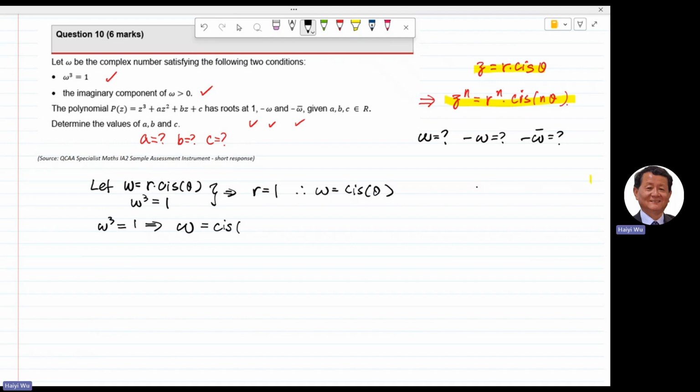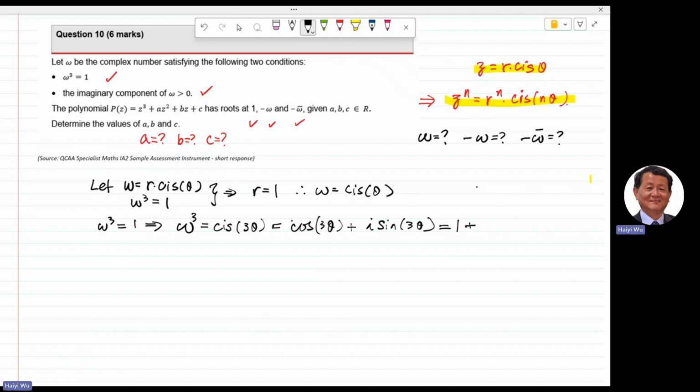Omega cubed, I'm using the polar form, so it'll be cis 3 theta, and we know that equals 1. If I expand this, it becomes cosine 3 theta plus i sine 3 theta equal to 1.